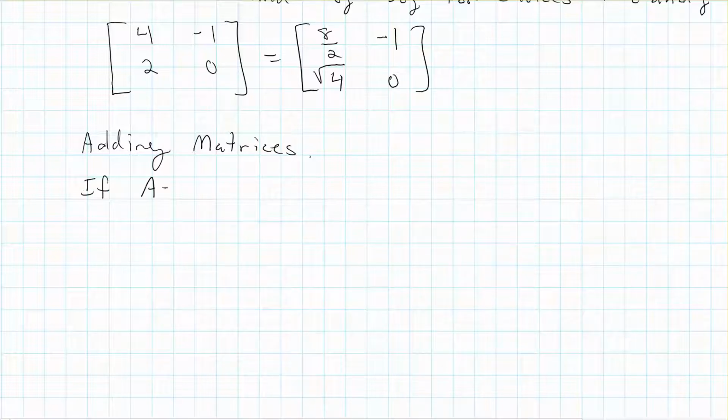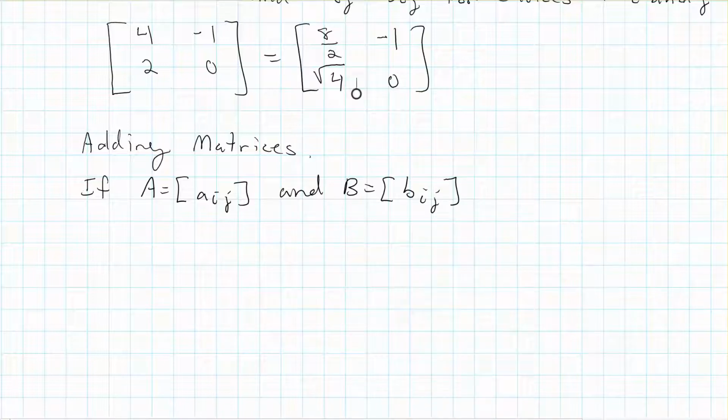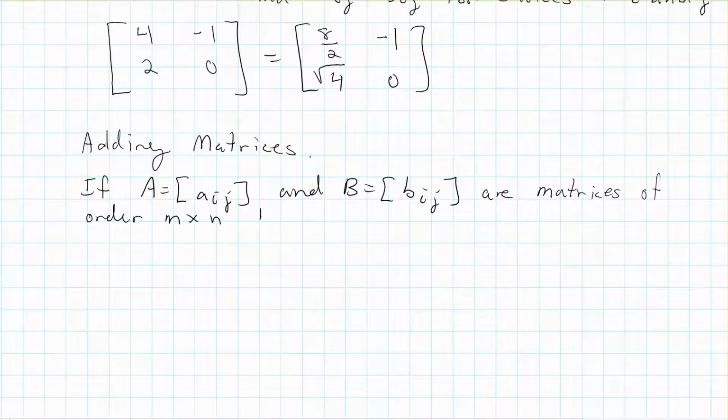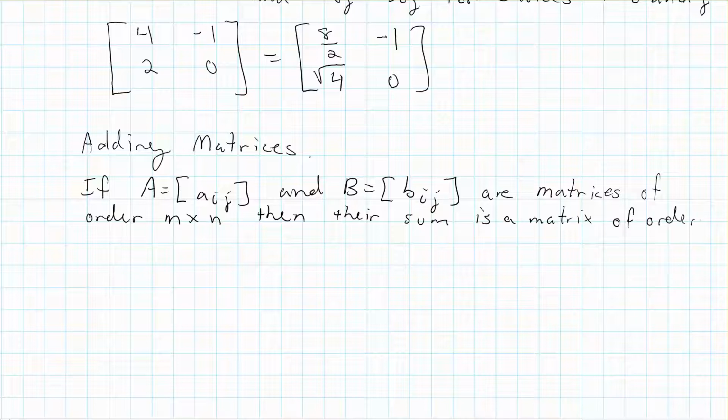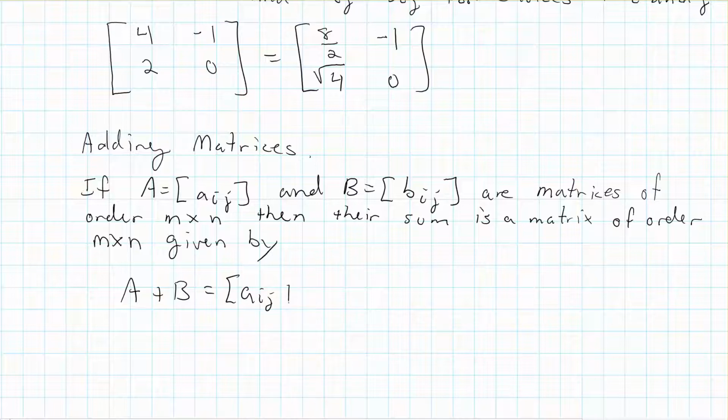So if A is equal to A subscript ij, and B is equal to another matrix, B subscript ij, are matrices of order m by n, then their sum is a matrix of order m by n given by A plus B is equal to Aij plus Bij.